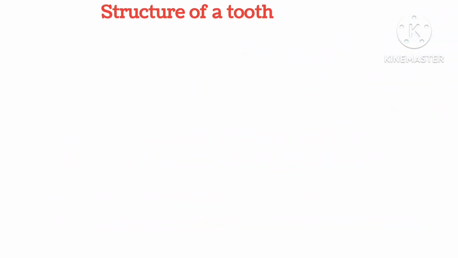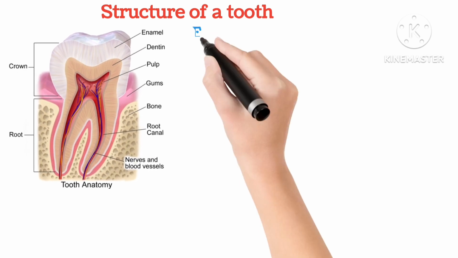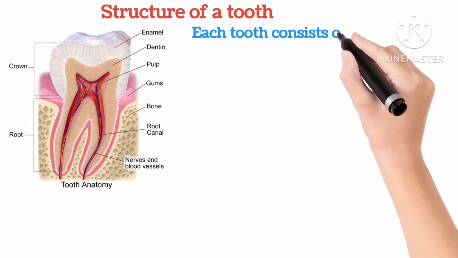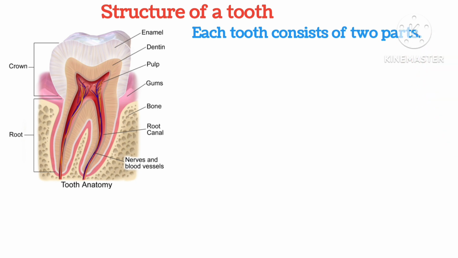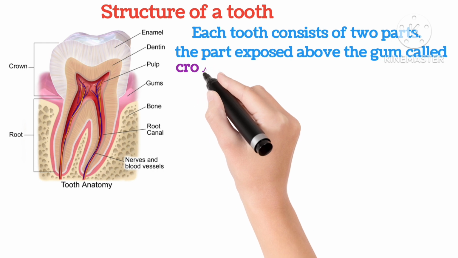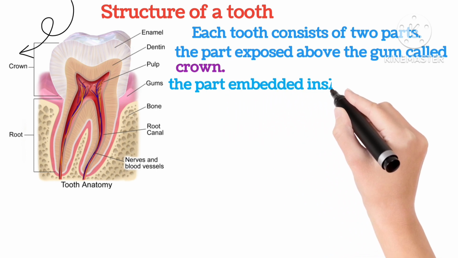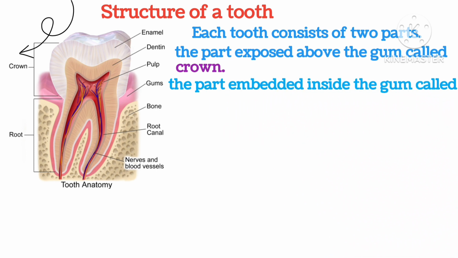Structure of tooth. Each tooth consists of two parts. The part exposed above the gum is called crown, and the part embedded inside the gum is called the root.